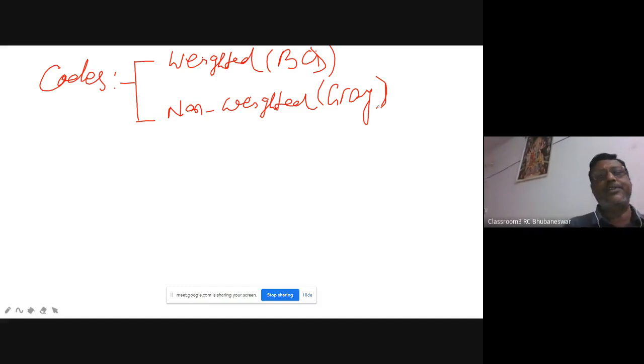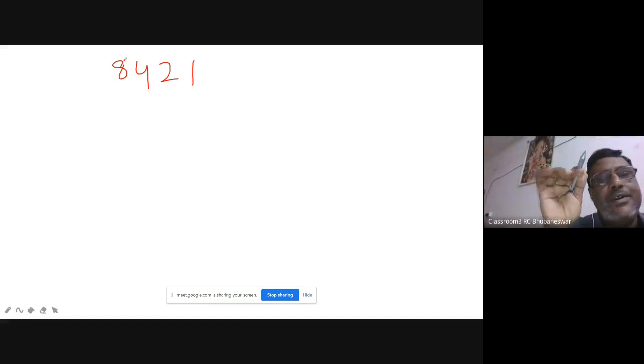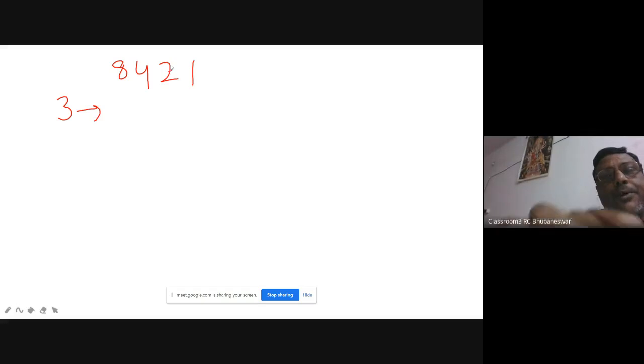Let us see, this BCD code is a 4-bit number. We are writing 1, 2, 4, 8. The name of this code is 8421 code. Suppose I want to find the value of 3. How will I get 3? If I add 2 plus 1, it will give 3. So the number which is used, I put as 1.